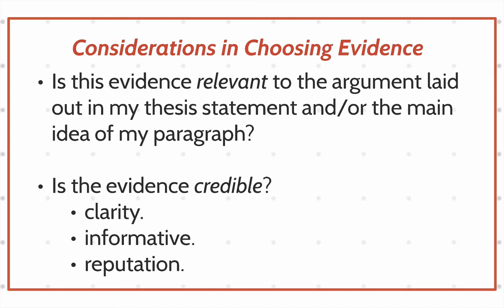And then lastly, reputation. This goes back to the source, right? In general, you want to try to think about reputability of sources. Random things that you find on personal web pages on the internet might not be the most credible source. Wikipedia is, I think, a great starting point for trying to understand a complex issue, but it shouldn't be the type of thing that you're citing in an academic paper.